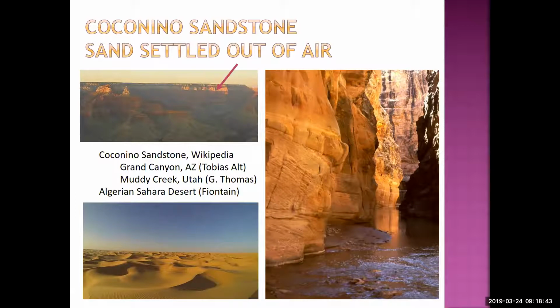So this formed in a time when the region was sand dunes and sand settled out of the air. And so here you can see this tilt represents the angle of the sand dune at the time. So this is a different location in Utah, Muddy Creek, that's going through this layer. And here we have the Coconino sandstone at the top of the Grand Canyon.